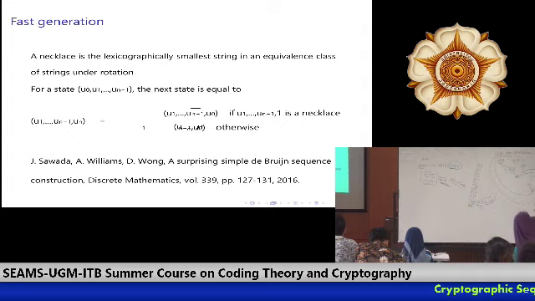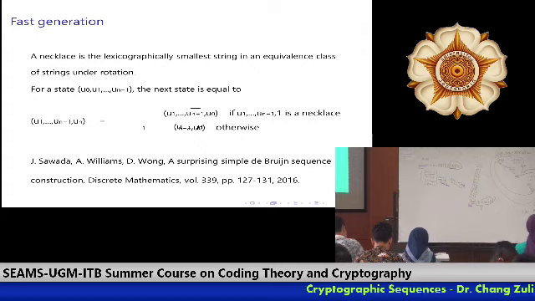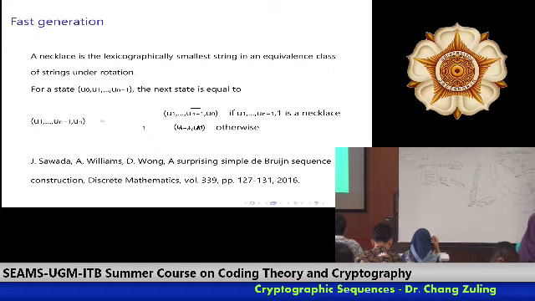Okay. So for each bit we generate, we need O(1) time, and the time complexity is O(n) and the space complexity is O(n), because we just remember this one, which will determine the next bit.